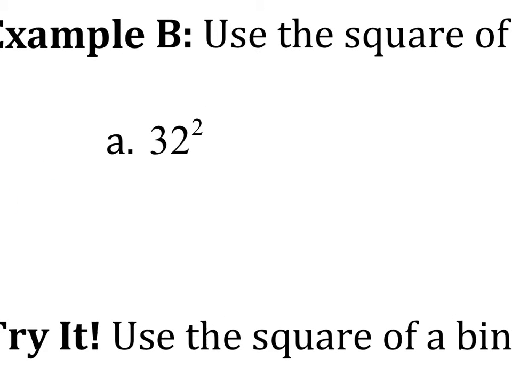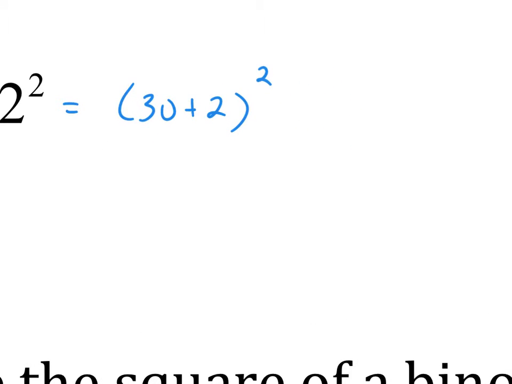Notice that 32 is 30 plus 2, squared. And why is that nice? Well, because I can do operations with 30 pretty easily, and I can do operations with 2 fairly easily, especially in my head. So in my head, square this. 30 times 30 is 900. That's an easy enough number to deal with.